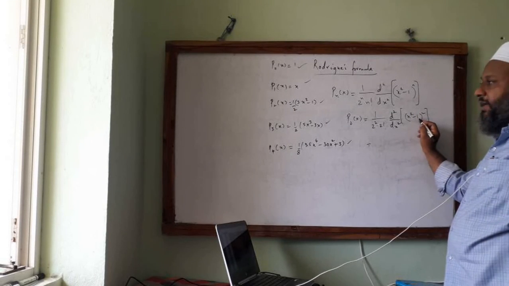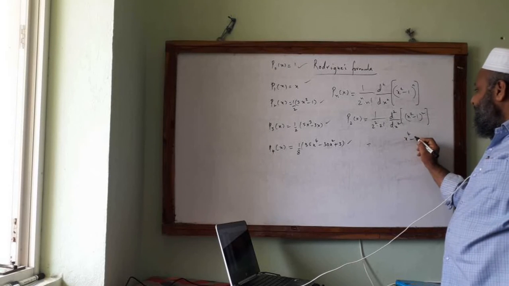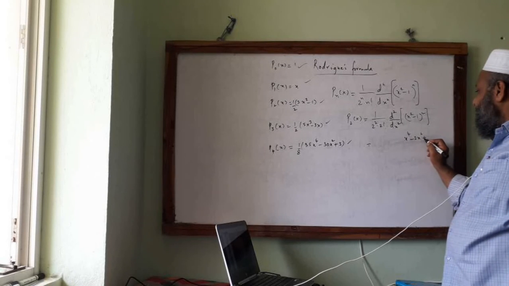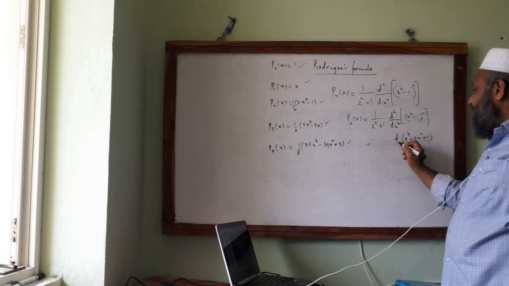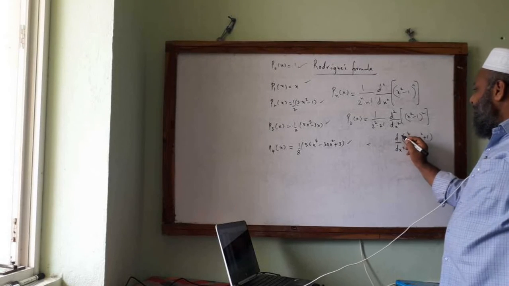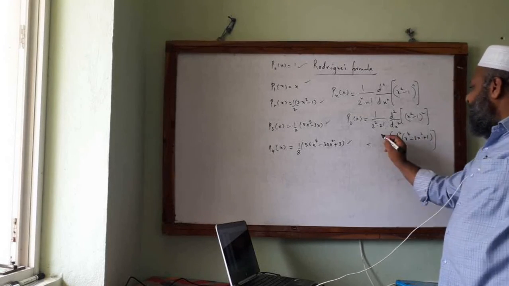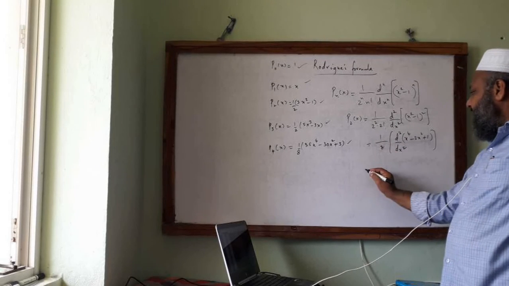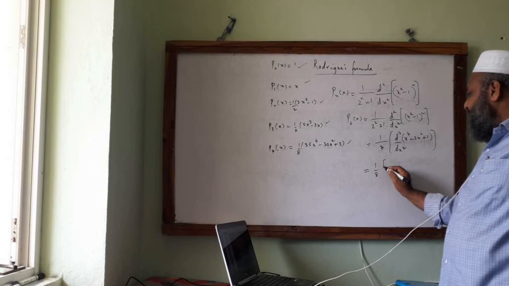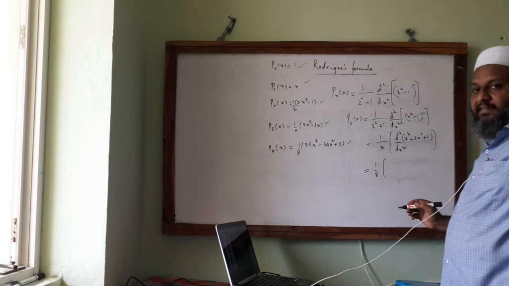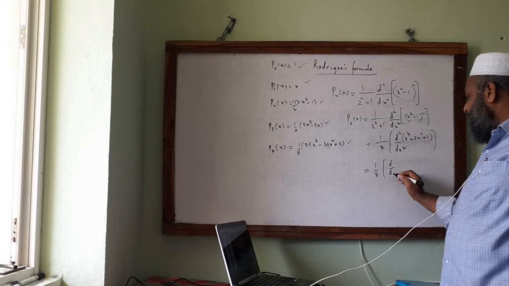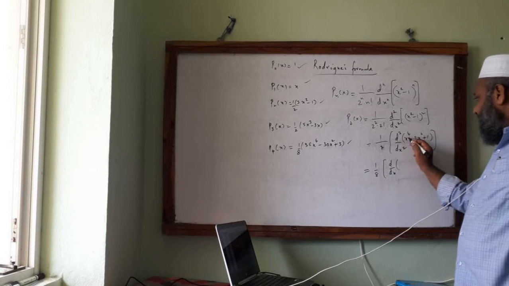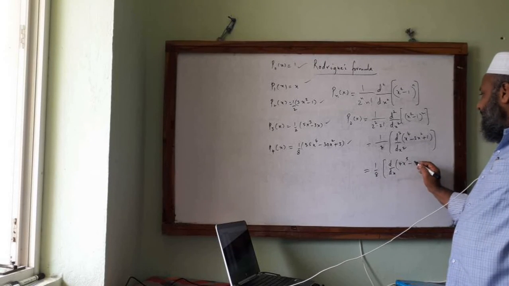Now if I square it, what I get is x to the power 4 minus 2x square plus 1, and then I want the second derivative for this, to be multiplied with 2 power 2 is 4 into 2 is 8. Now that is equal to 1 by 8 into, first of all I will take the first derivative, that is d by dx of this. So it is 4x cube minus 4x.